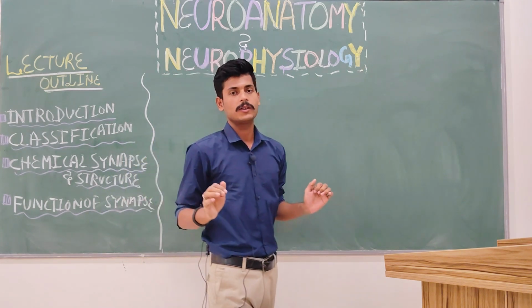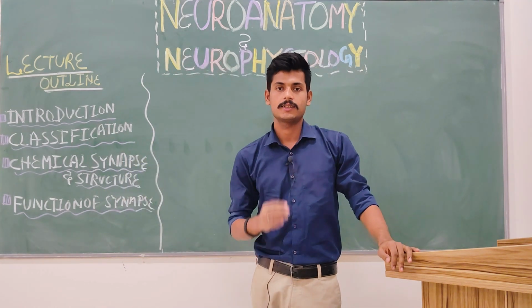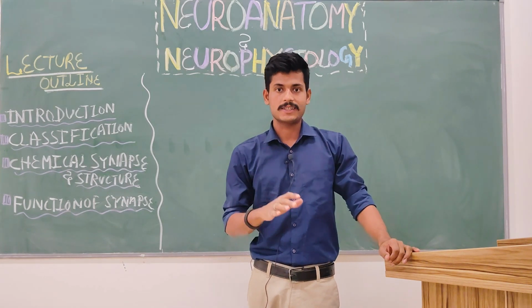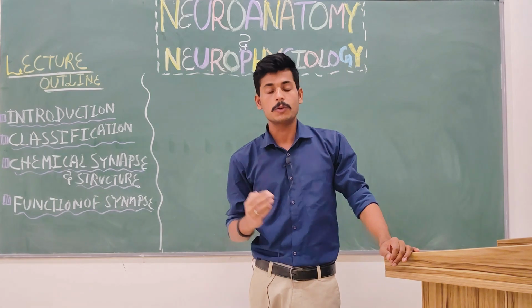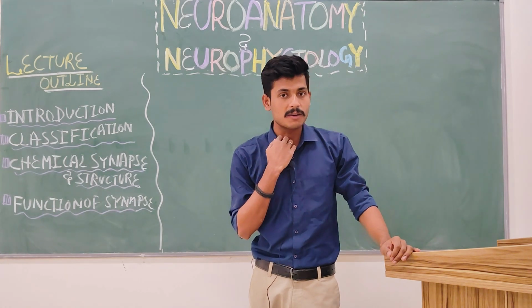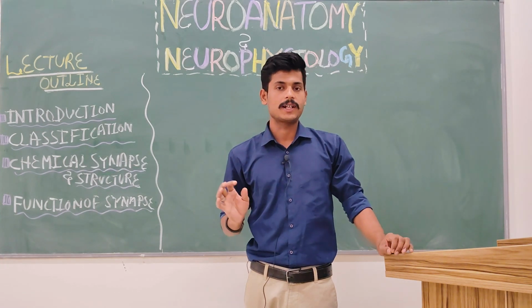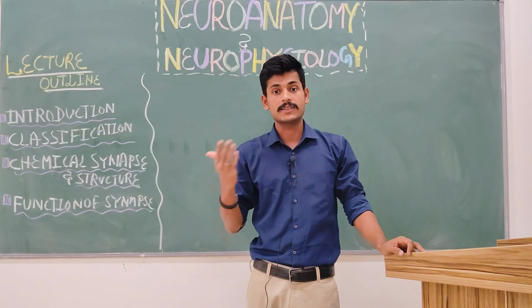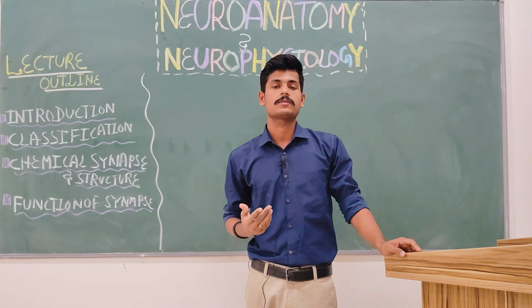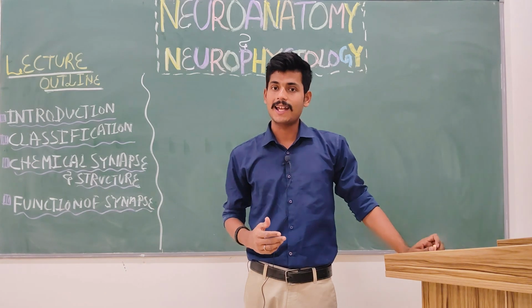Till now, we already discussed the introduction of the nervous system. We saw the parts and the classification. Then we discussed the structural and functional unit of the nervous system, that's called the neurons. Then we saw other cells present in the central nervous system, named the neuroglial cells.